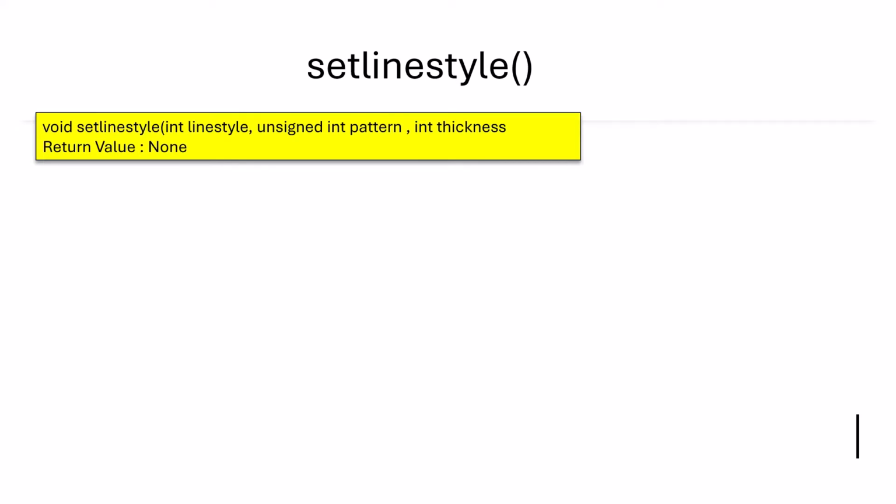Because if we don't, then we will get a syntax error saying we've sent too few arguments to the function set line style, right? Thickness, of course, will determine the thickness of the line, right? And we will specify it using an integer.